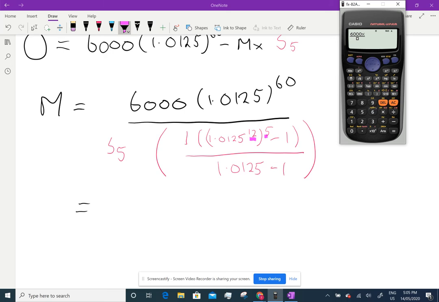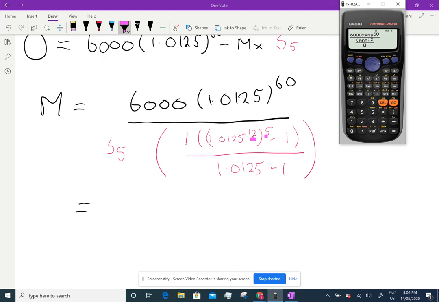6,000 times my answer to the power of 60. Go down below. My answer to the power of 12. And I need parentheses around that.